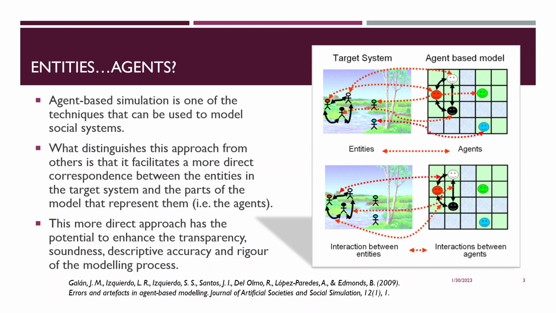All right, next up. We talked about entities. In this case, we're talking about agents, and agents are autonomous entities within a simulation. What makes agent-based models different from other simulations is different in a couple of areas, but let's go with what we know today.